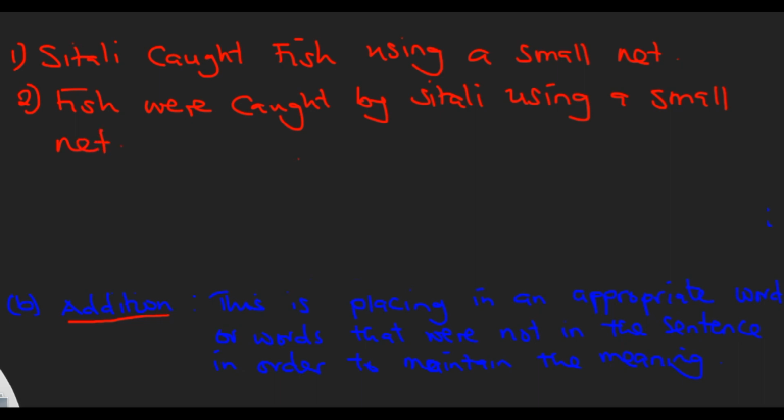In this case, we've added were and also by. These two words were not there in the first sentence, so they've been added. When you look at here, Sitali caught fish using a small net, and then here, fish were caught by Sitali using a small net. So that is addition that we've looked at.